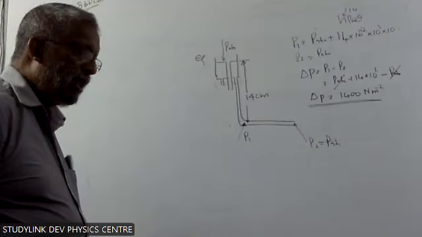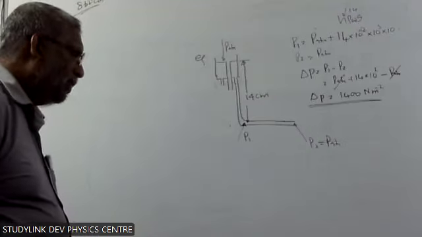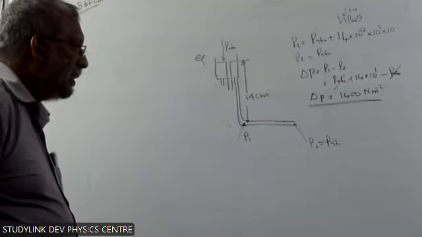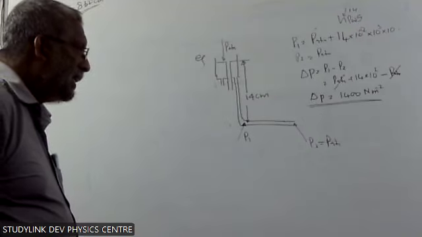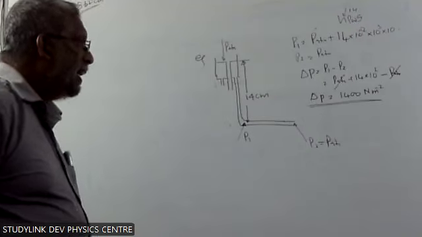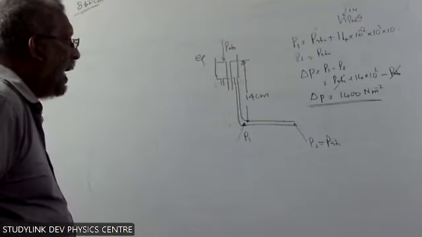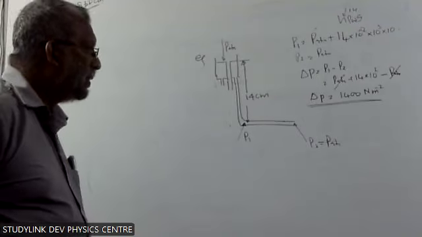Capillary tube sizes will be given under surface tension; now also I can give. So the length of a capillary tube is 50 cm and it is fixed horizontally and connected to a constant pressure head.